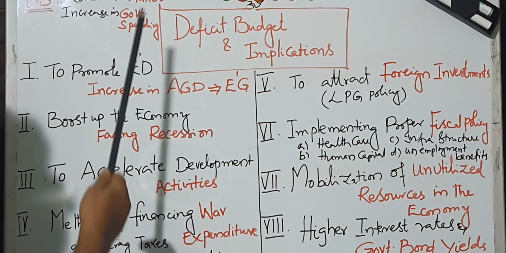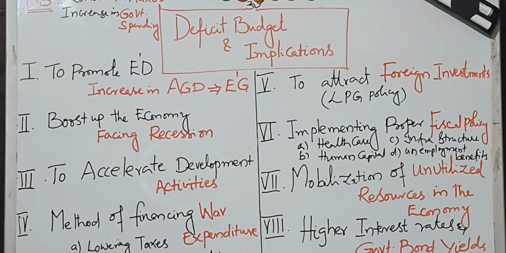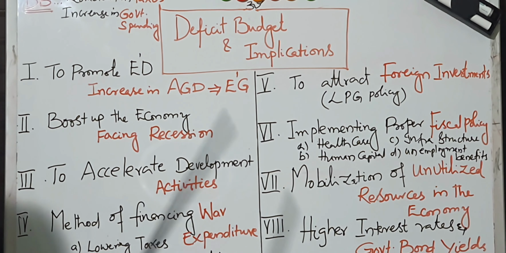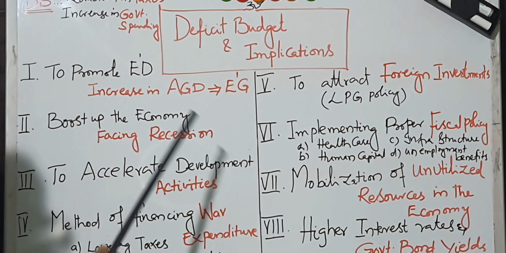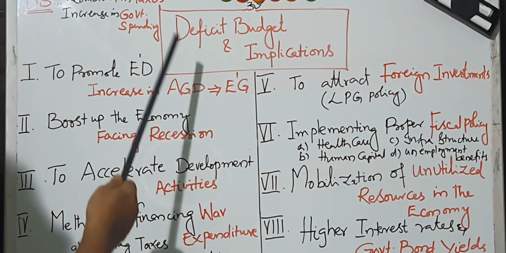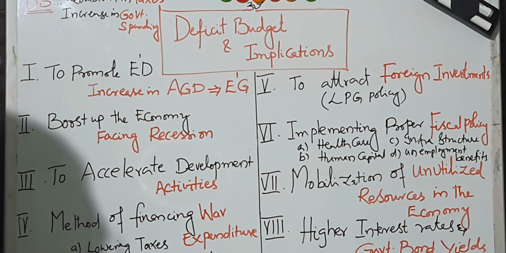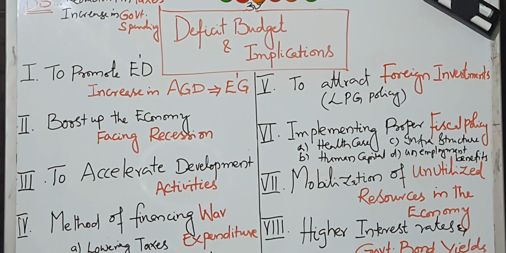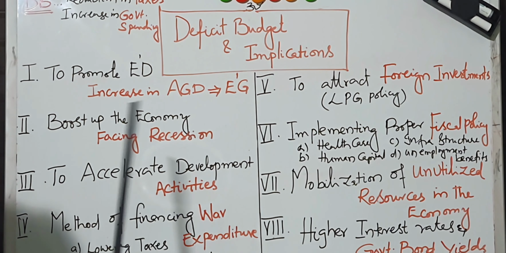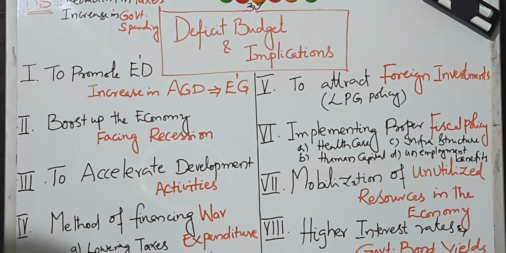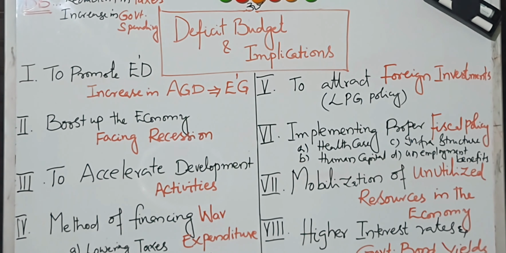So the first point is, by increasing government spending there is scope to increase the aggregate demand, which leads to economic growth. To promote economic development, there is a need of government expenditure.